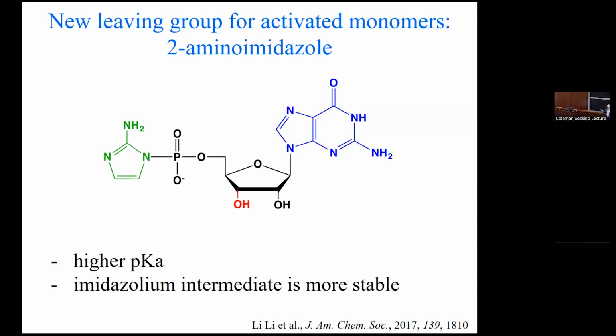Right? So that makes it all seem like bits and pieces of the puzzle are starting to fit together. And then more recently, there's been an even better synthesis of this material worked out in John Sutherland's lab in the UK. Okay, so we've been playing with these molecules for a while and trying to see how we can use them to do better copying chemistry.